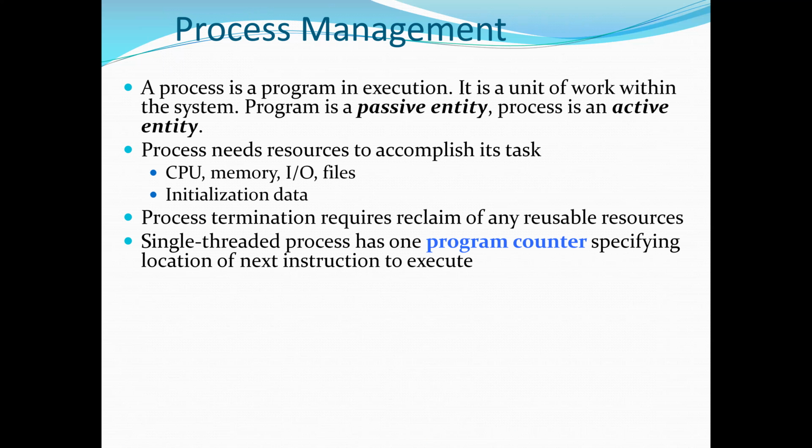Also, a single-threaded process has one program counter, which specifies the location of the next instruction to execute. As we said earlier in chapter 1, the computer CPU always has a special feature called the program counter. The program counter always points to the next code to be executed, which keeps the CPU from being in an idle stage.